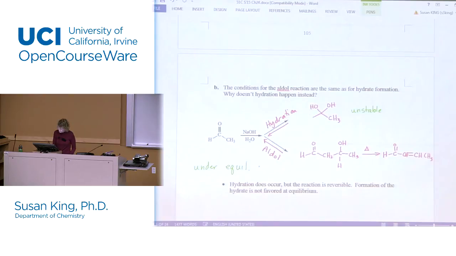Under equilibrium conditions, the most stable product is favored.